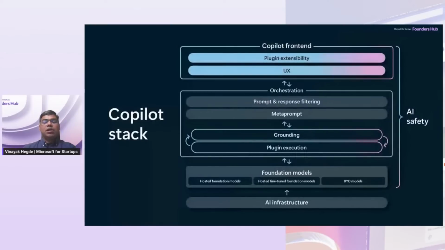So this is pretty much what I had to talk about, the Copilot stack. And then also note about AI safety, because AI safety is not something that is maybe at the UX or the orchestration or a foundation model. It's built in at every stage of a response. So thinking about building technology, you have to think about AI safety at every layer of the stack.